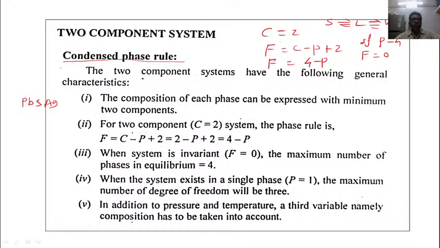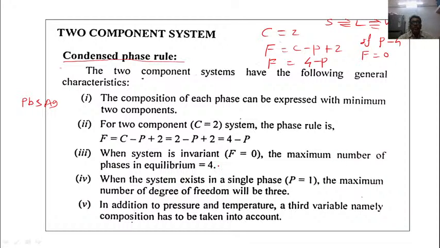Now for two components, C equal to 2, the phase rule is C minus P plus 2, as already explained here. So it is equal to 4 minus P. The phase rule can be written as F equal to 4 minus P. Now when the system is invariant, that is F equal to 0, the maximum number of phases in equilibrium is equal to 4.